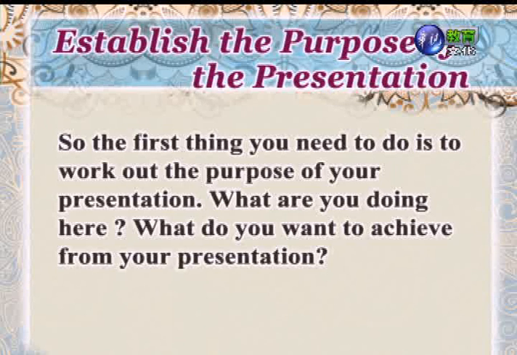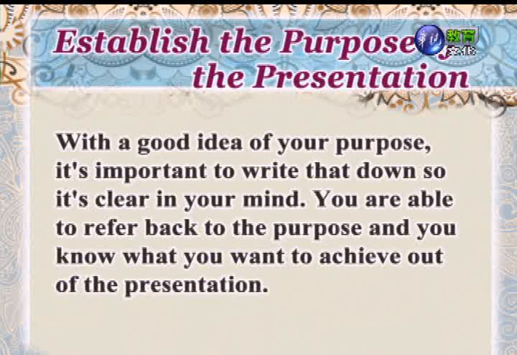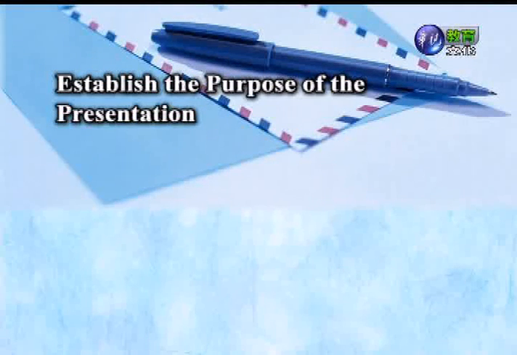What are you doing here? What do you want to achieve from your presentation? With a good idea of your purpose, it's important to write that down so it's clear in your mind. You are able to refer back to the purpose and you know what you want to achieve out of the presentation.